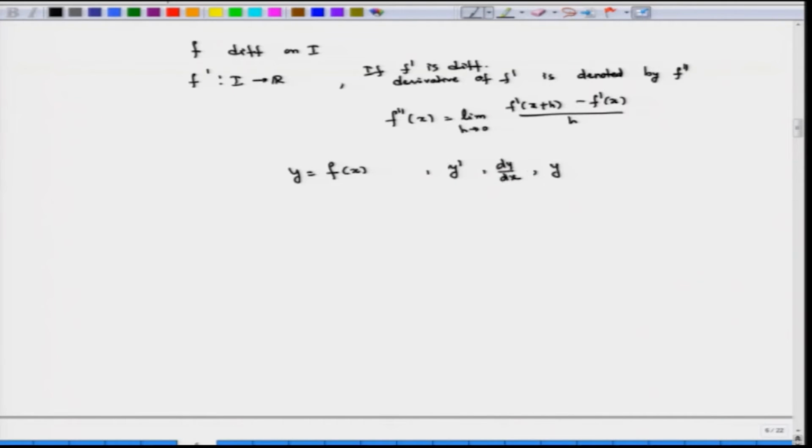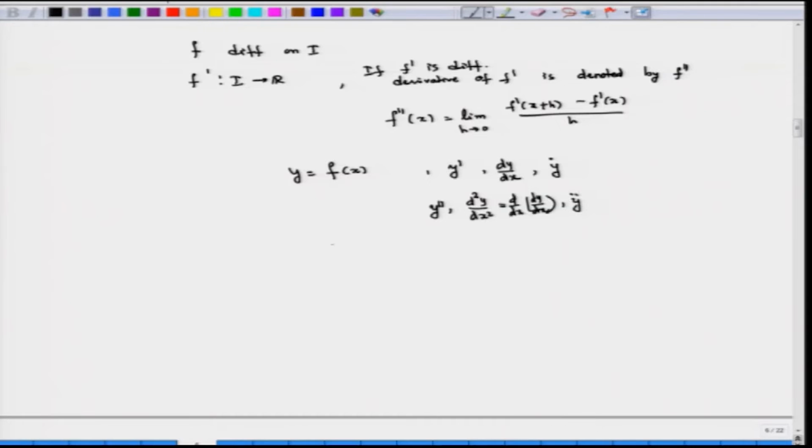In some books you will find y dot. Then also you can have y double prime, which is d square y by dx square, equal to the derivative of dy by dx, because dy by dx is again a function of x. So, if it is differentiable, we can talk of the derivative of that.